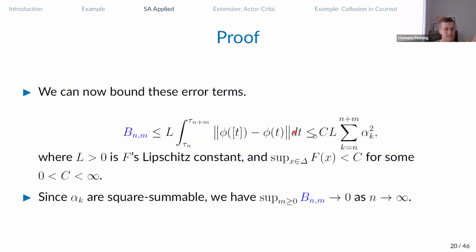And that means in the end, the whole difference of the integral here is upper bounded by the squared tail sum of these alphas. And since the alphas are square summable, the tail sum converges to 0, so that the whole term here, even in supremum over the ending time, has to converge to 0 as the initial time n goes to infinity.